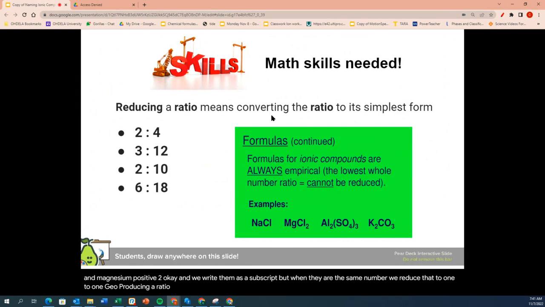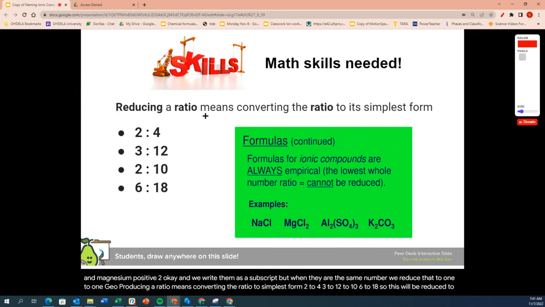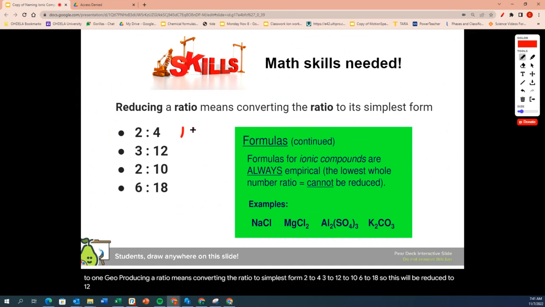Reducing a ratio means converting the ratio to the simplest form: 2-to-4, 3-to-12, 2-to-10, 6-to-18. So this will be reduced to 1-to-2, this is 1-to-4, 1-to-5.